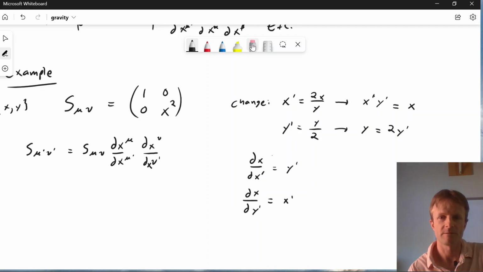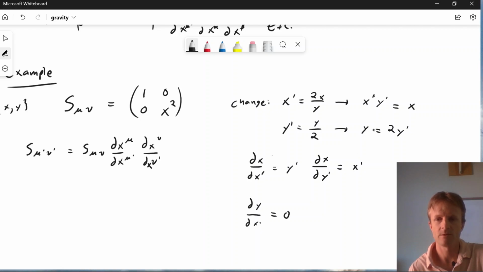Maybe I should organize them the way the Jacobian is usually organized. So this one will go here. And then we'll have dy dx prime. That's 0. y is just equal to y prime. And we'll have dy dy prime equals 2.